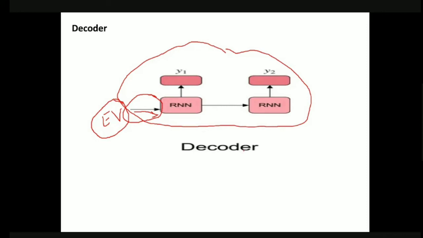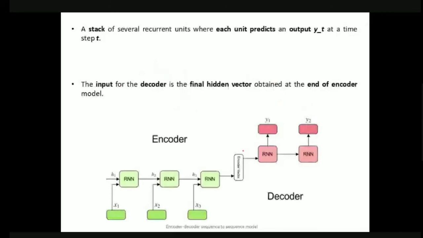Now coming to the decoder part, it also has a stack of several units, and every unit predicts an output yt. For a given time step 1, this first RNN unit predicted output y1, and this one has predicted the output y2.